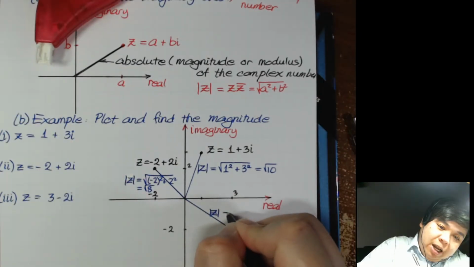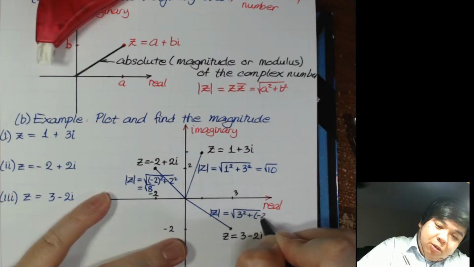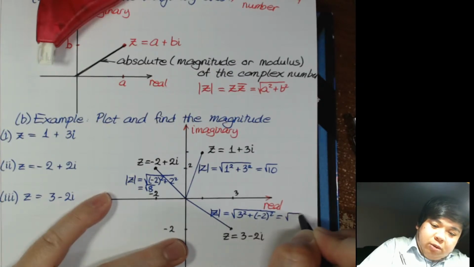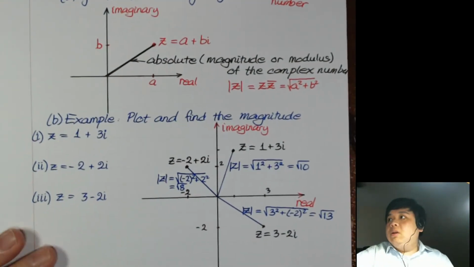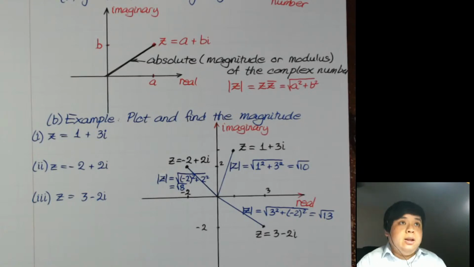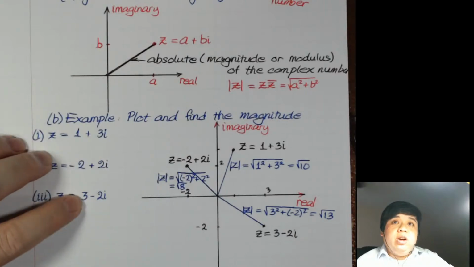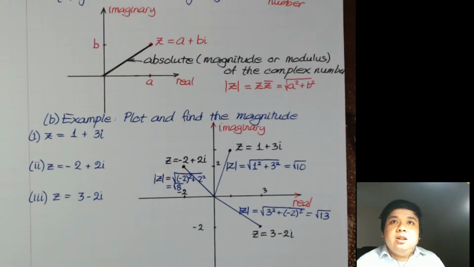And the absolute value is the square root of a squared plus b squared, 9 and 4, square root of 13. Right. So for a complex number, we put the real part on the x-axis and the imaginary part on the y-axis.